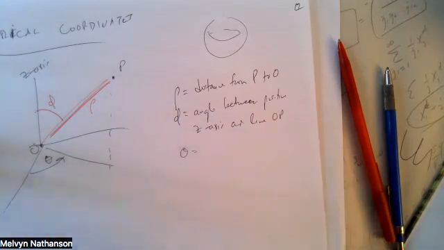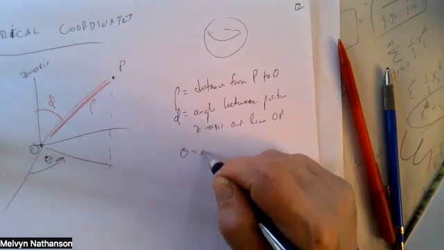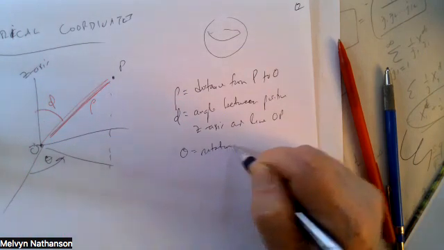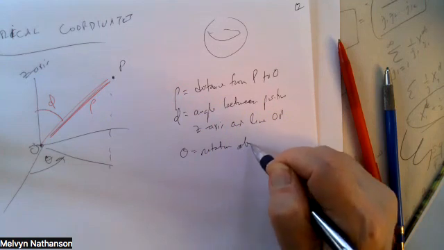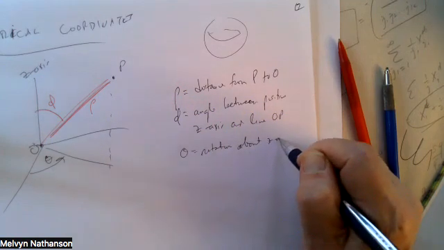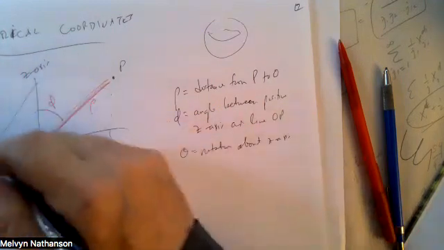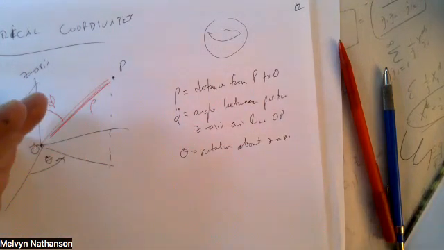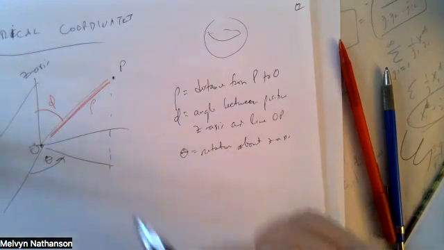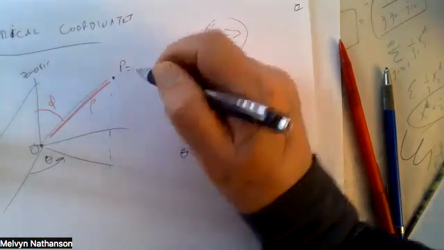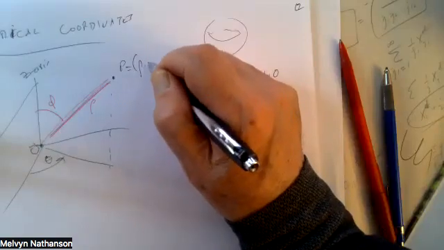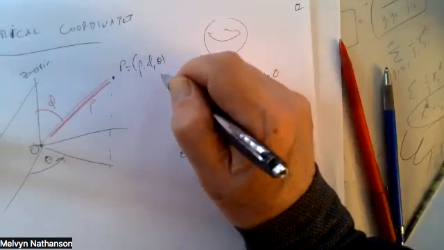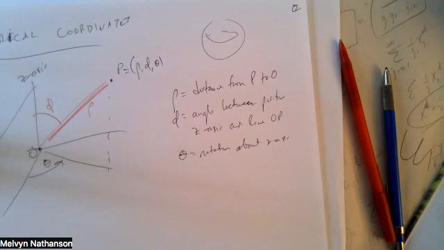Theta is sort of like rotation about the z-axis. You take the xz plane, and if you rotate it until you hit P, that gives you this angle theta. So the spherical coordinates involve rho, phi, and theta.